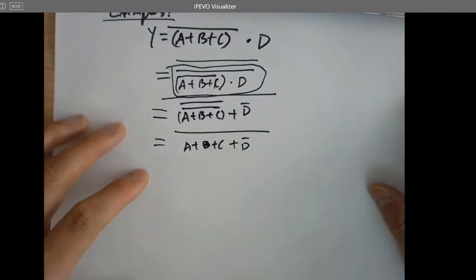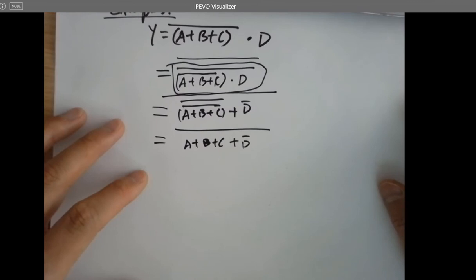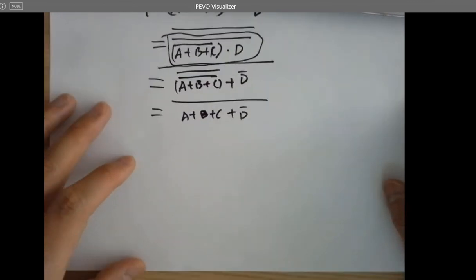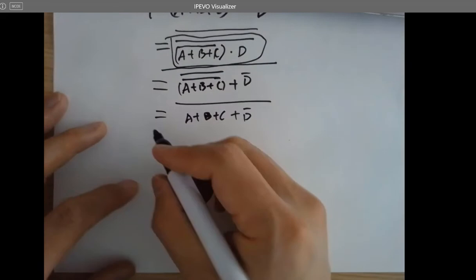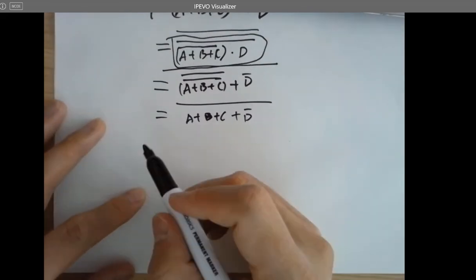What is this? Four-input NOR gate, right?